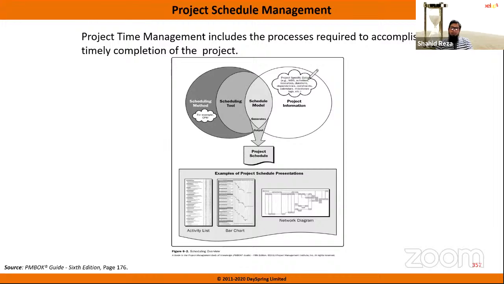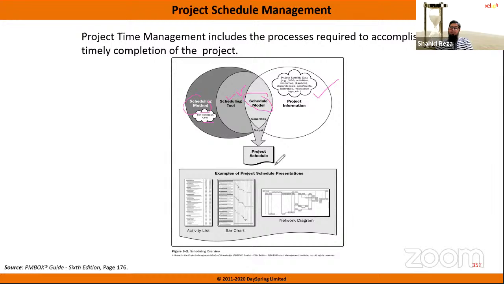Okay. But first you will need this project information, otherwise you cannot do anything. Then in the scheduling tool, you can use it at the same time. If you use Microsoft Project, then the scheduling tool will come first. Then you will input all the project information in the scheduling tool. Then you will apply the scheduling method, that is CPM, and that will produce the schedule model.